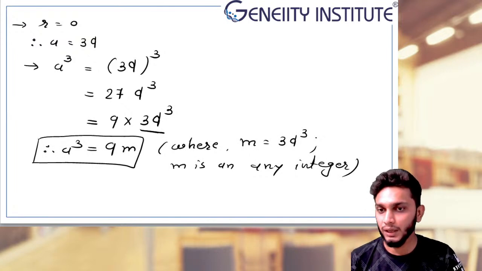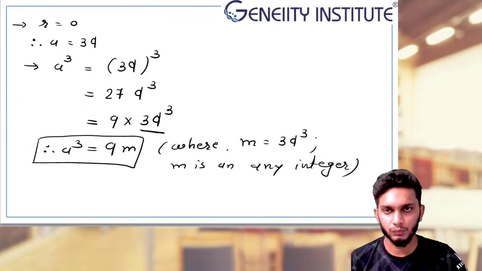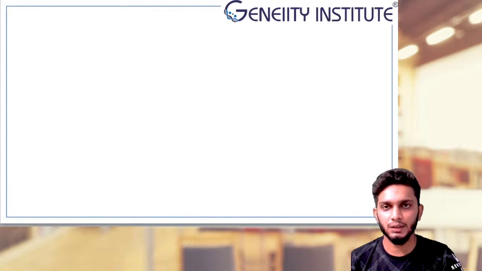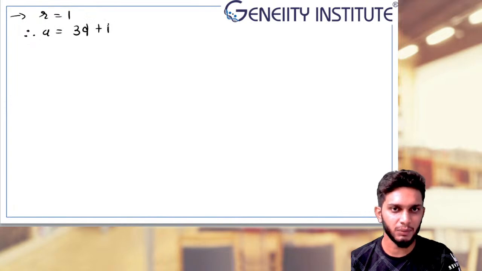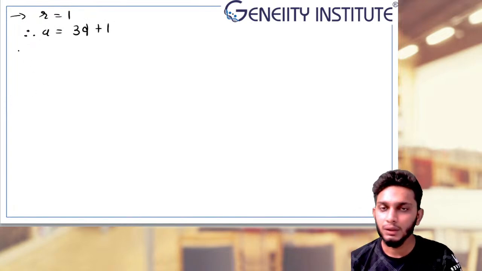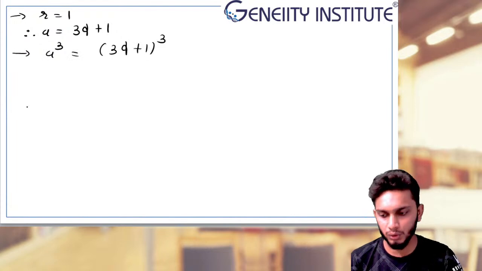Now take r equals 1. Therefore, a equals 3q plus r, meaning 3q plus 1. Now cube. So a cube is equals to 3q plus 1 whole cube.